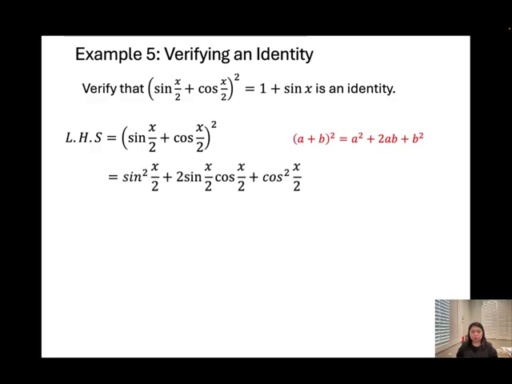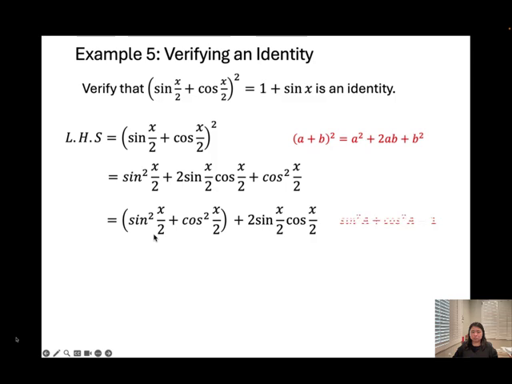Okay, check your work. I do have sine squared x over 2 plus cosine squared x over 2. Let's group it together. And remember this identity: sine squared A plus cosine squared A equal to 1. How about the other term?